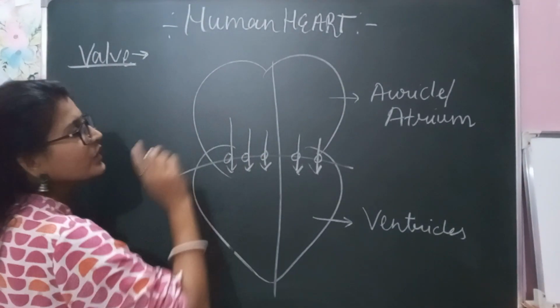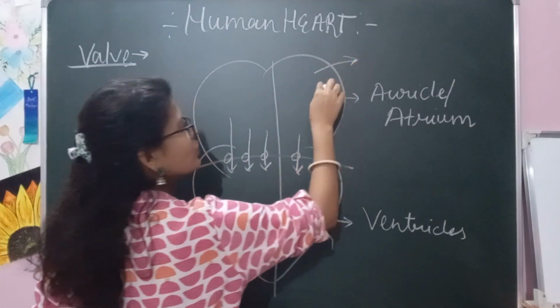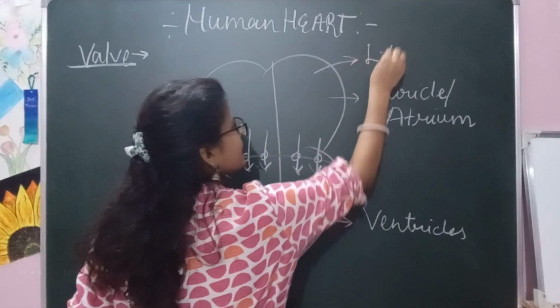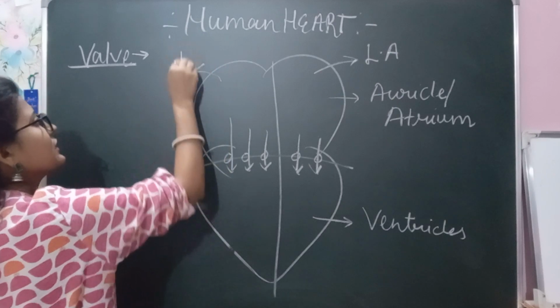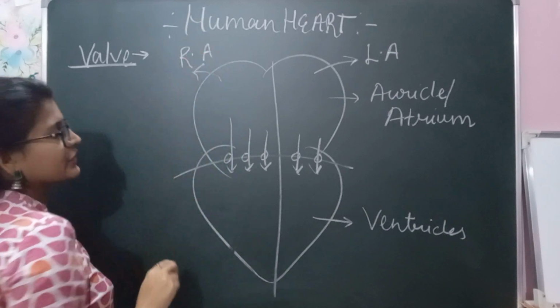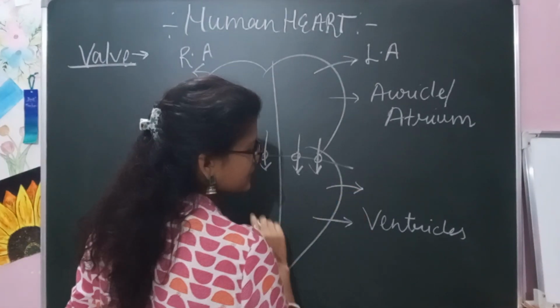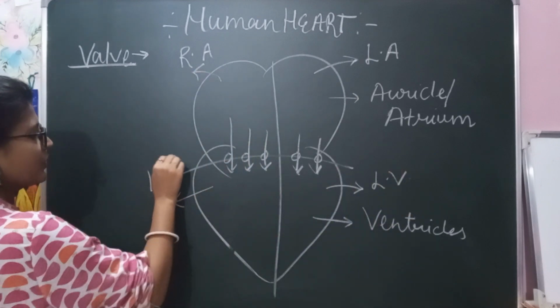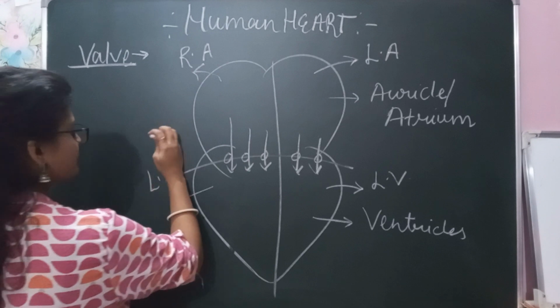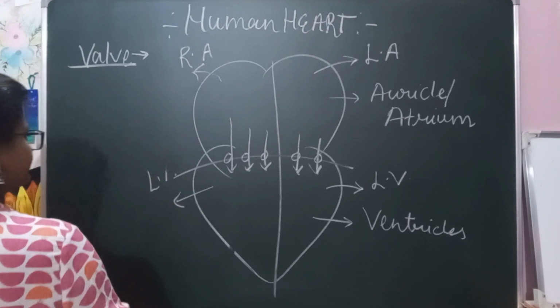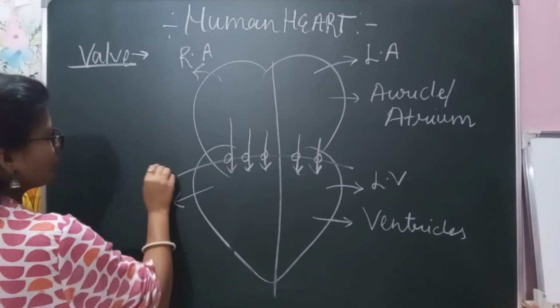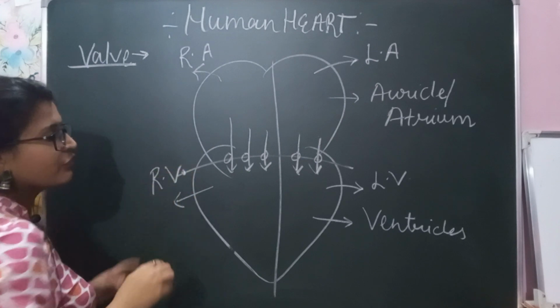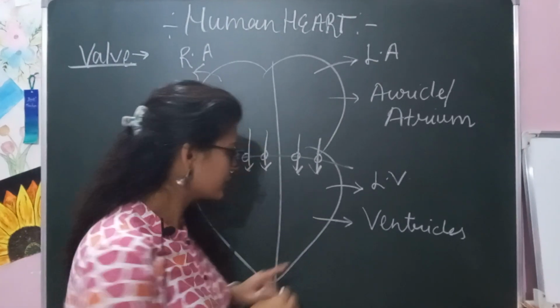Okay, so this is known as the left atrium and this is the right atrium. This is the left ventricle and this is the right ventricle. For this I have already given a trick: Rani Lakshmi Bai.